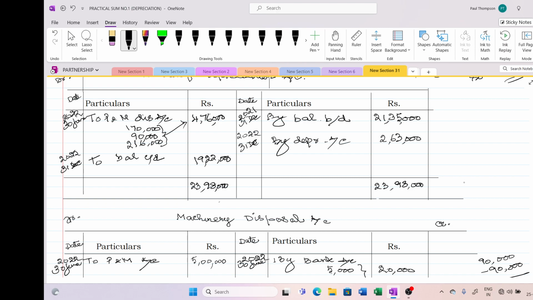So this you have to write here as January 1, 2023, by balance brought down 19 lakh 22,000. If you proceed like this, it is an easy one.